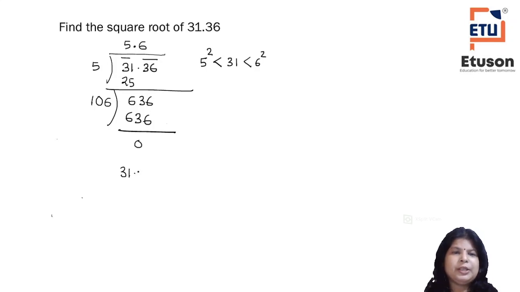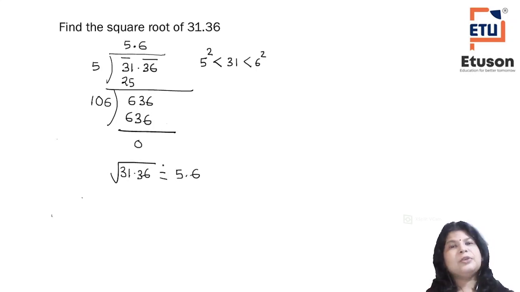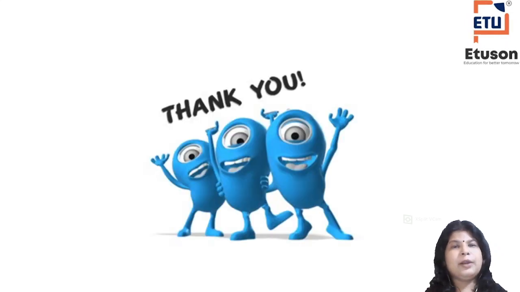So already you have obtained the square root of 31.36, which is nothing but equal to 5.6. Correct children? So hope you have understood how to find the square root of a decimal number.